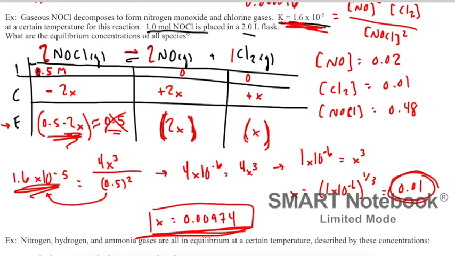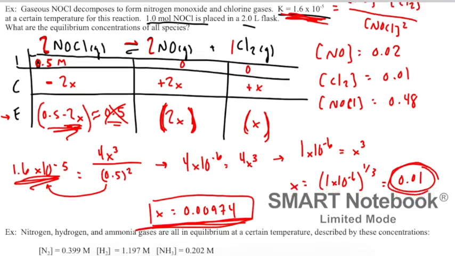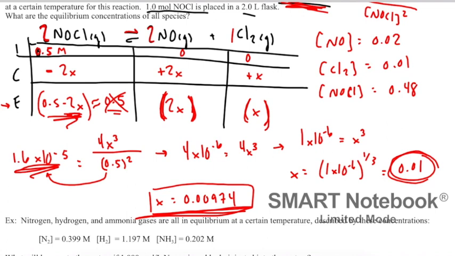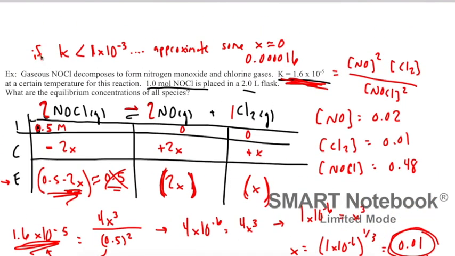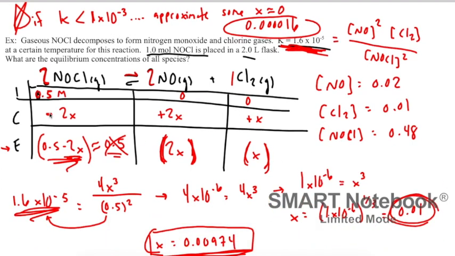So let me remind you what we did. First of all, we did it the normal way, just like always, and that was annoying because it got us a cubic function, and then we had to go in our calculator, and it was annoying to solve for. But then we recognized that, hey, because my k value is really tiny, because it is less than 1/1000th, I can approximate away the change that my reactant here is experiencing.